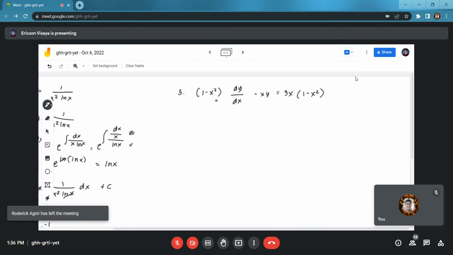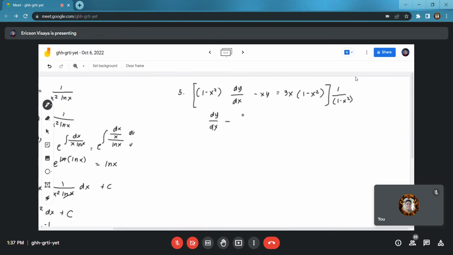So before we integrate this in our LDE, let's first arrange it, because it is not yet an LDE. Dy over dx, so divide both sides by 1 over the square root of 1 minus x squared. This is free of such factors. So dy over dx minus x all over the square root of 1 minus x squared times y is equal to 3x.